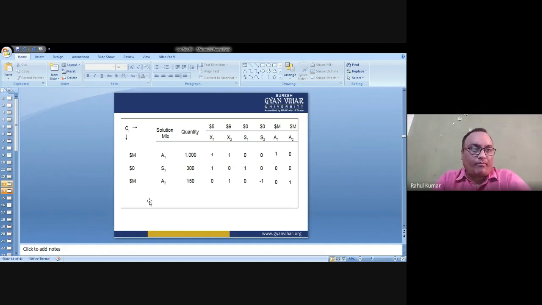Then the Cj values are $M, $0 and $M, and the solution mix is A1, S1, A2, and the quantities for this problem are 1,000, 300 and 150.